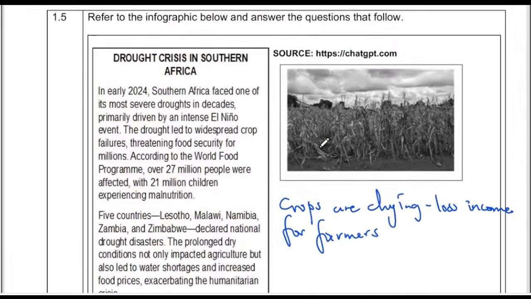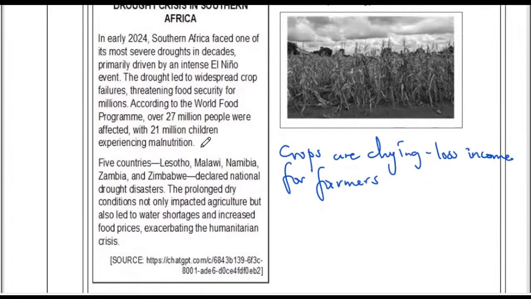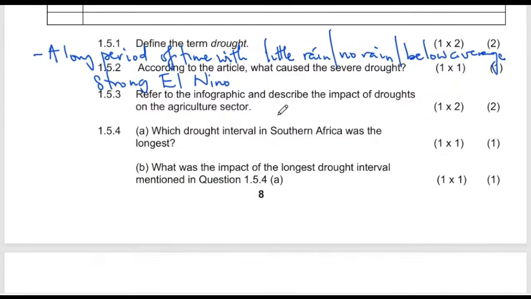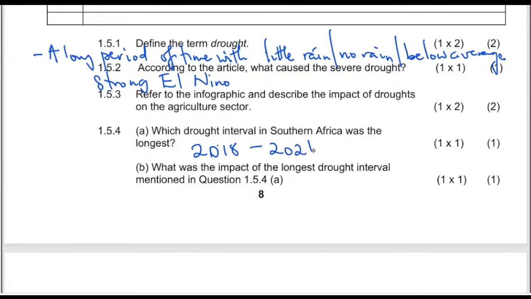According to our statistics here, the longest drought interval in Southern Africa was the 2018 to 2021 interval. That's the longest interval that we experienced.